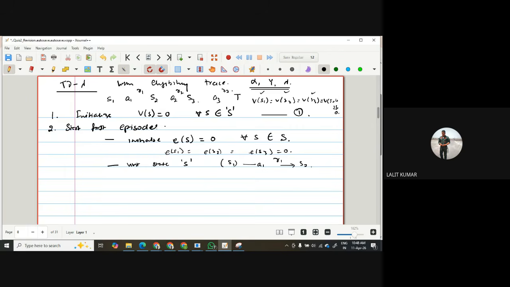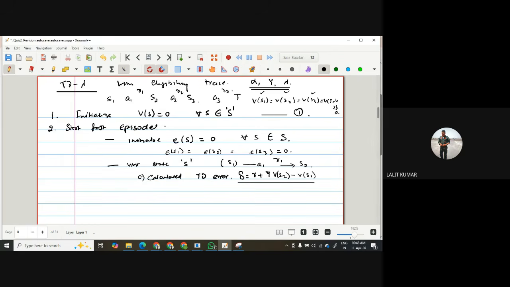Calculate the TD error. TD error is equal to R plus gamma times V(S2) minus V(S1). This is your delta.